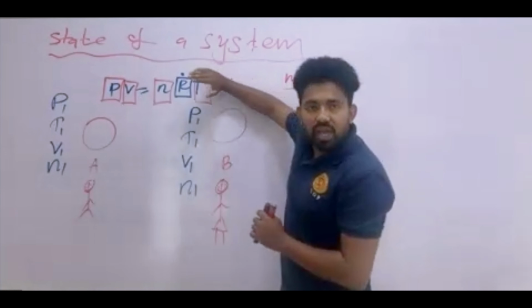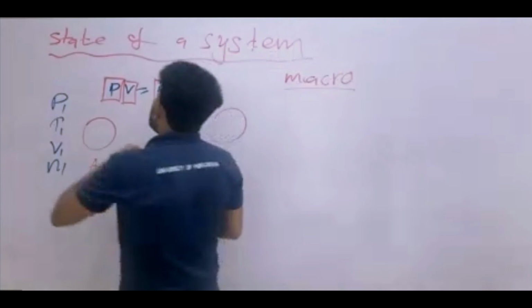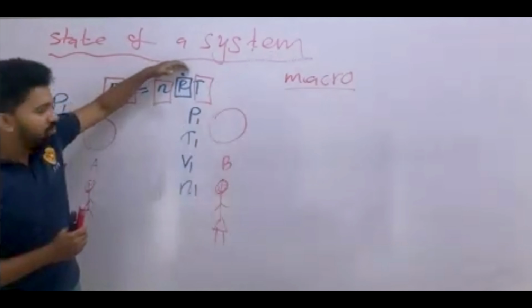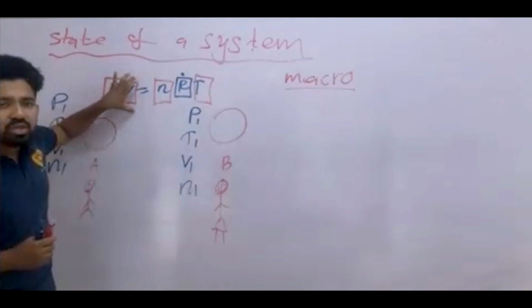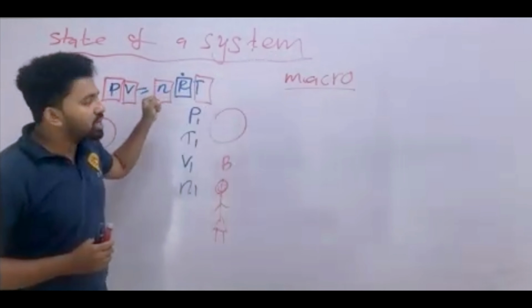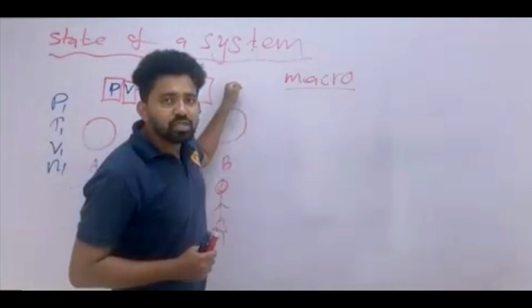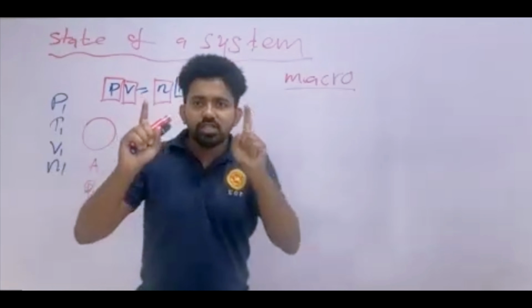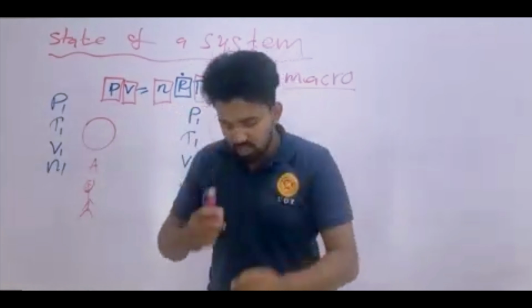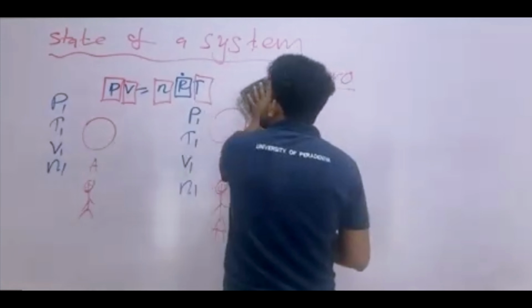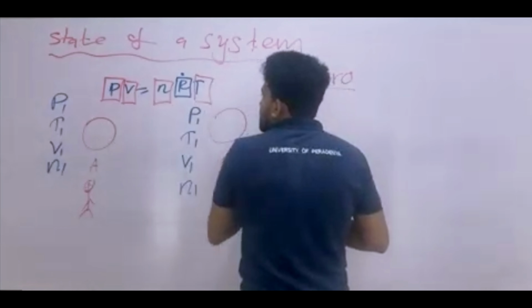When it comes to gases, we can use pressure to describe the system, volume to describe the system, number of moles to describe the system, and temperature to describe the system. So let's take another two systems.